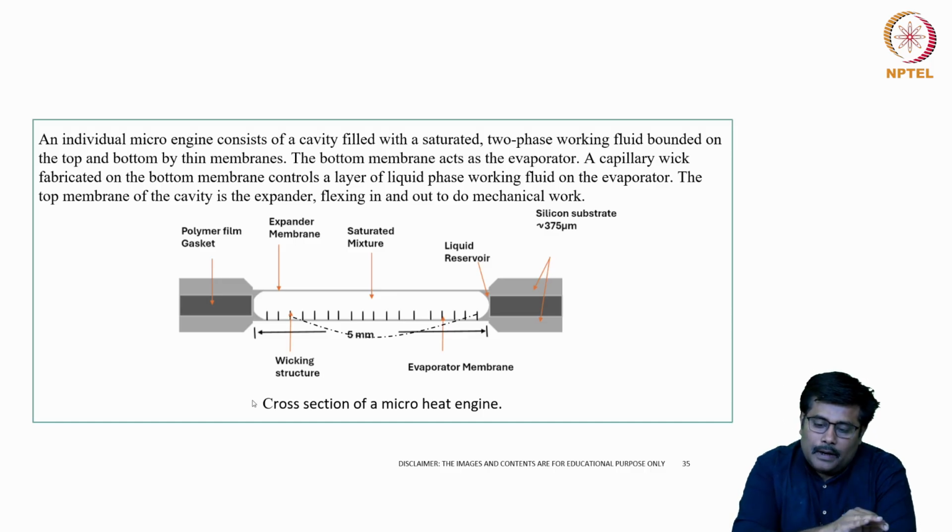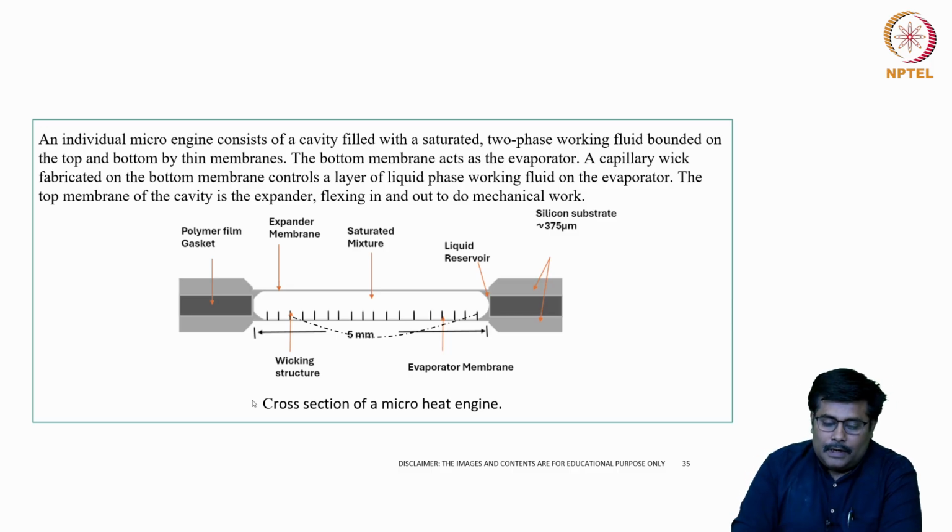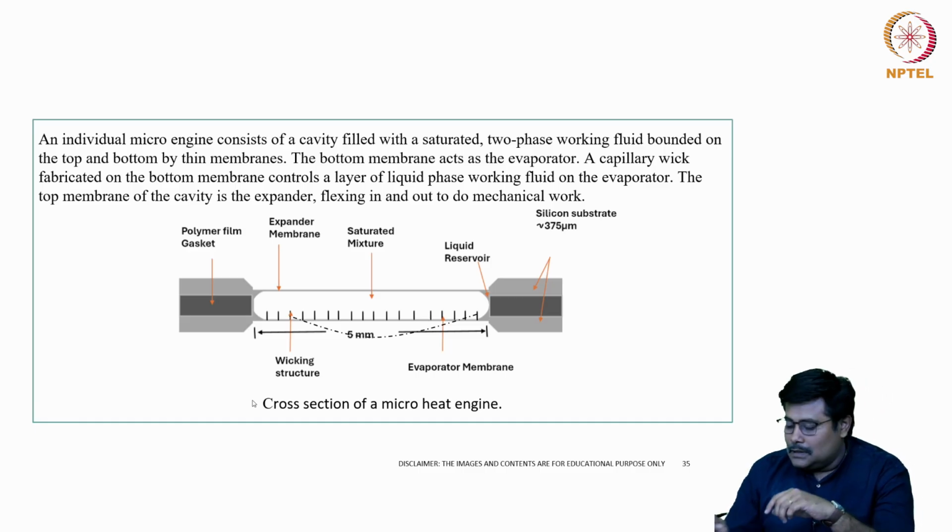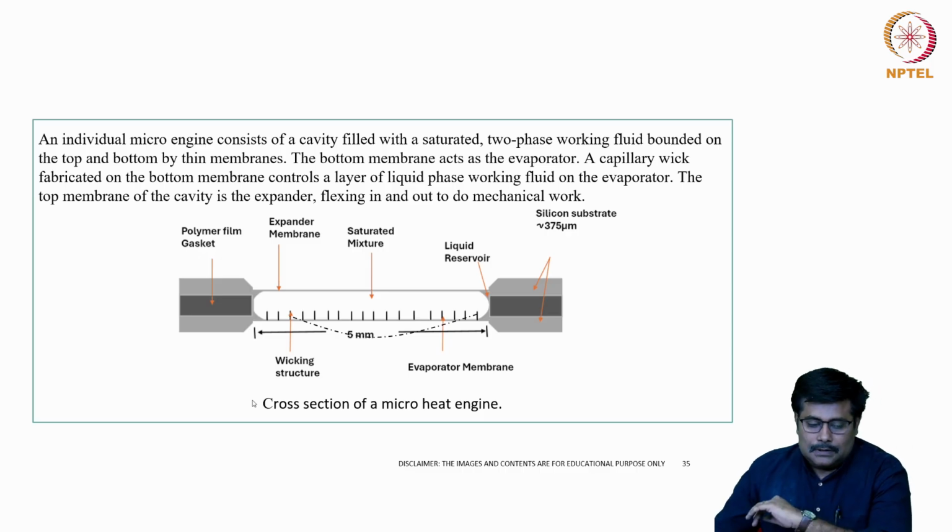The bottom membrane acts as an evaporator. A capillary wick fabricated on top of the membrane controls the layer of the liquid phase working fluid on the evaporator. The top membrane of the cavity is the expander, and it will result in a kind of mechanical work. So, in this particular case, we get a resonator displacement coming out of this system.